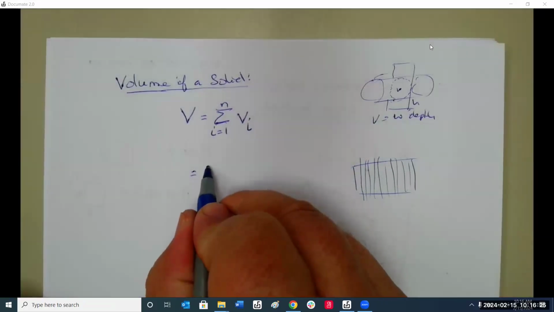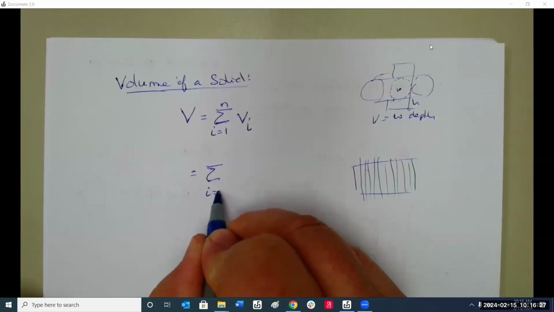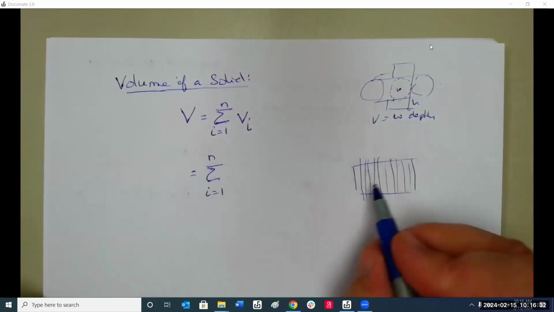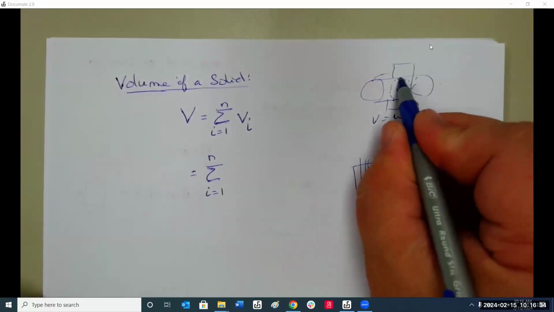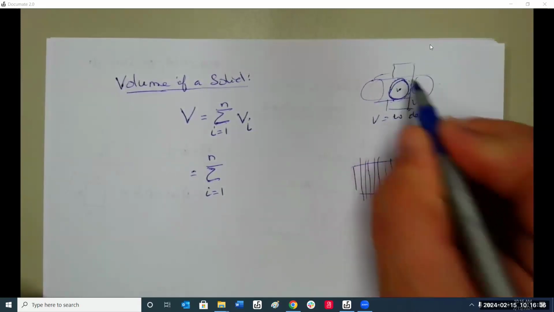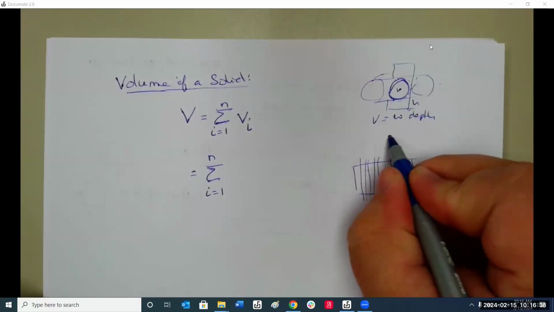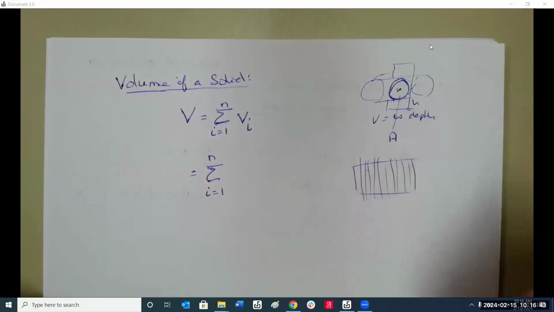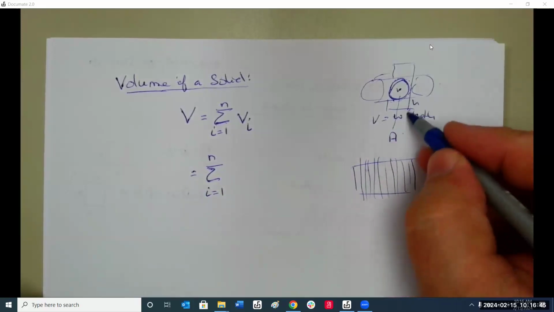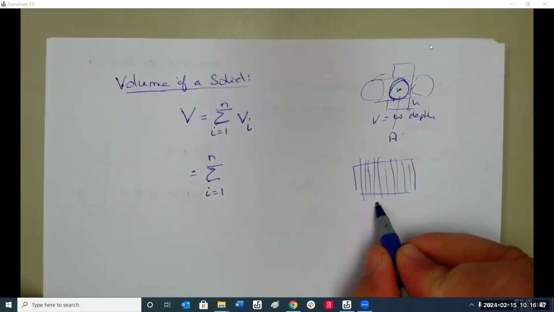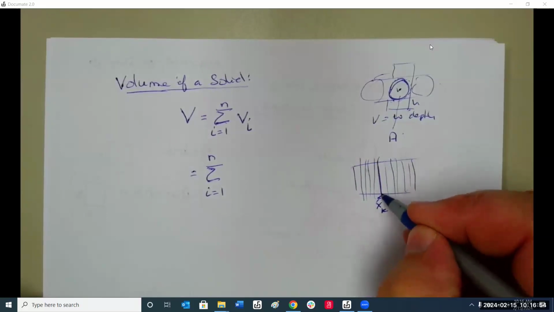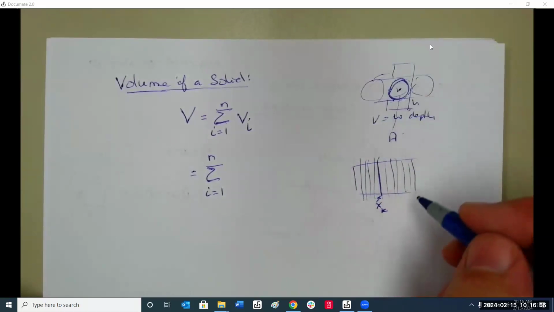All right. What is volume made up of? The volume is made up of the area of this part here, the area of that circle part there, at some value. So here's some value x. That slice will have this area imprinted on it.